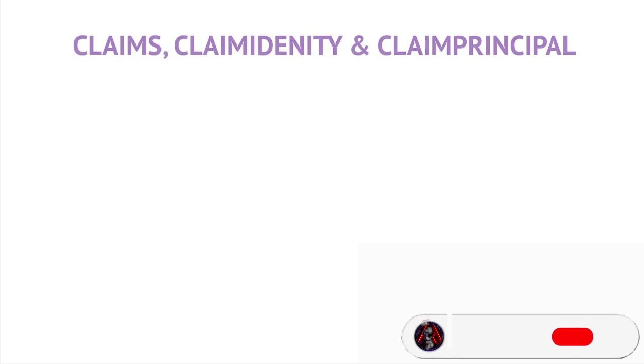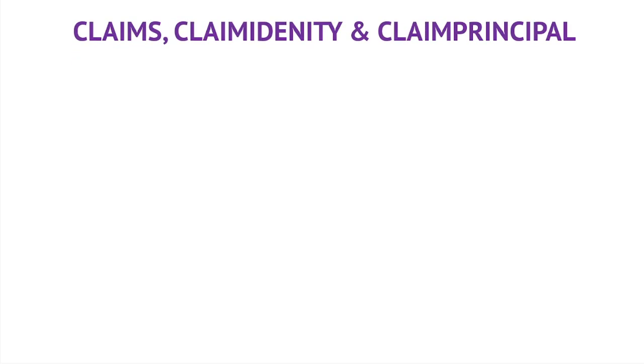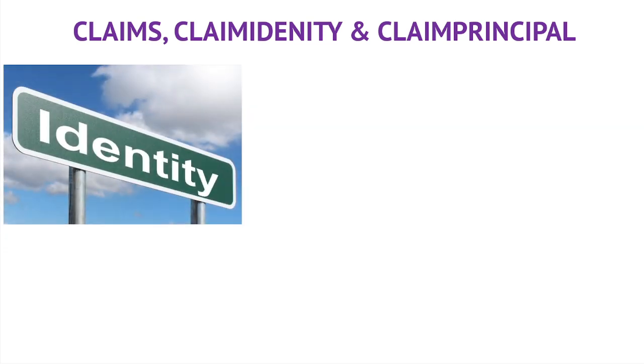But there are some other things that we need to understand before we wrap up our presentation today: claims, claim identity, and claim principal. When we talk about ASP.NET Core Identity, if you don't understand claims, claim identity, and claim principal, some of these things don't make sense.